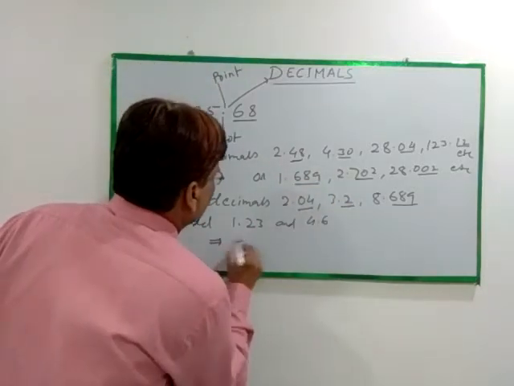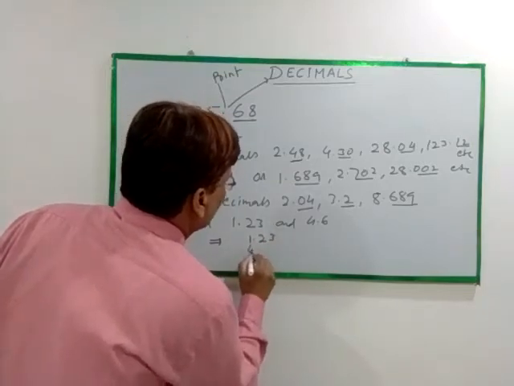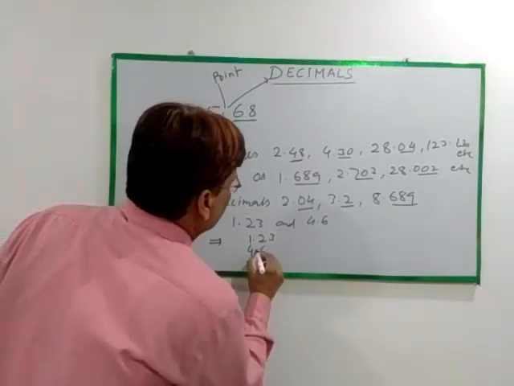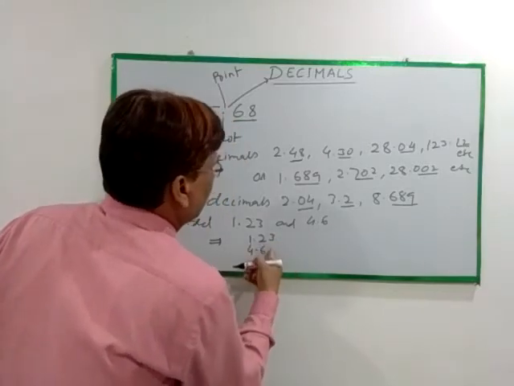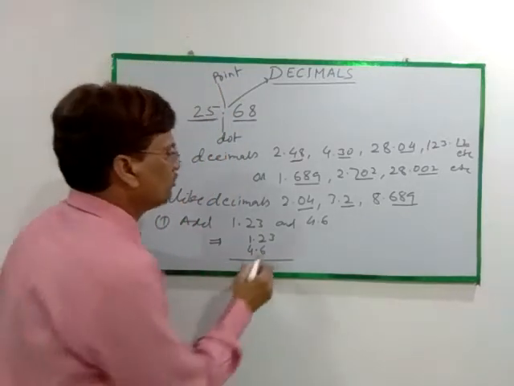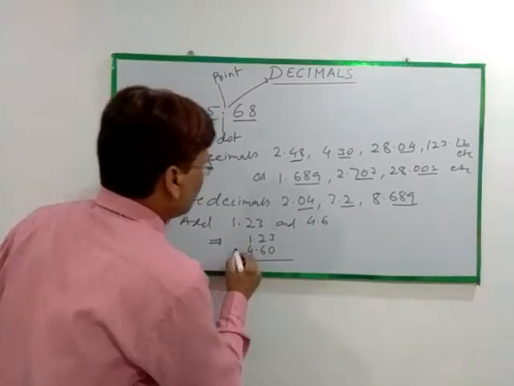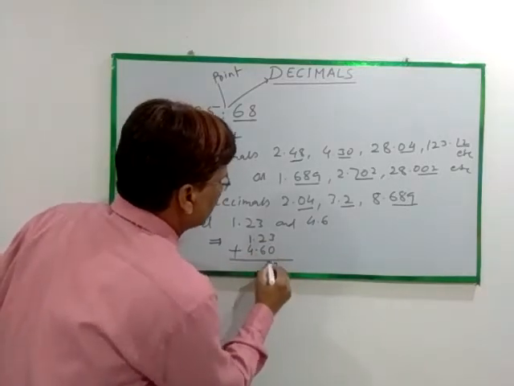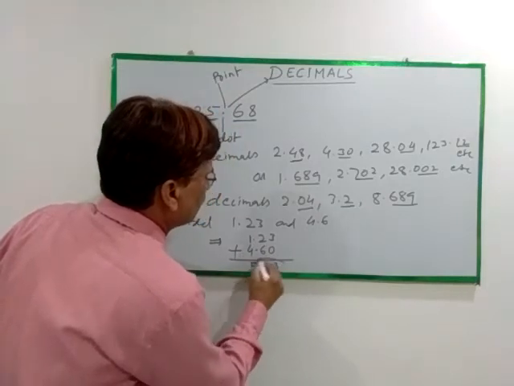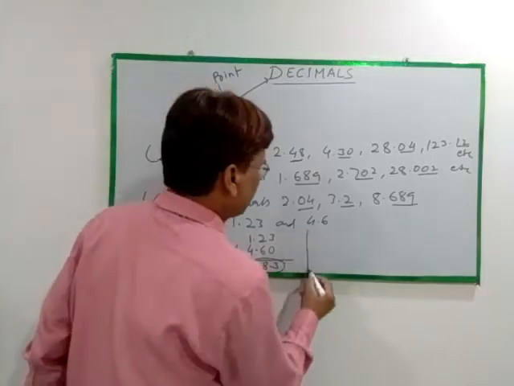First we have to write 1.23, then 4.6, and there is no digit, so you have to put 0 to make like decimals. Then add 3, 6 to 8, 4, 1, 5. Answer is 5.83. Now we take another example.